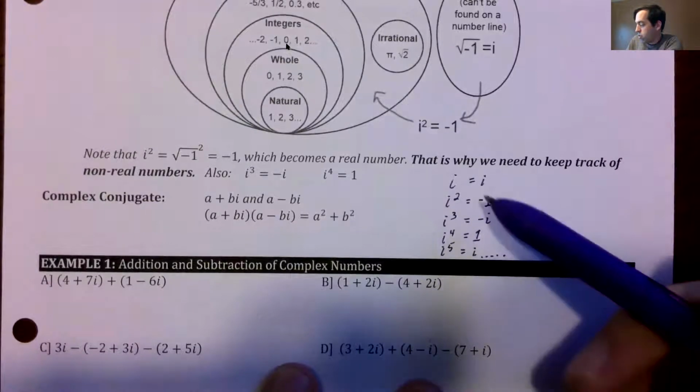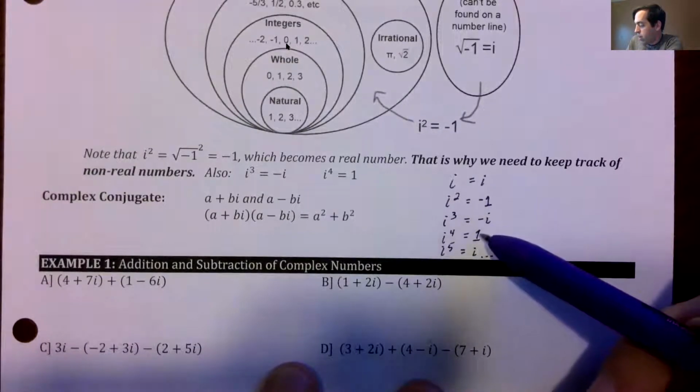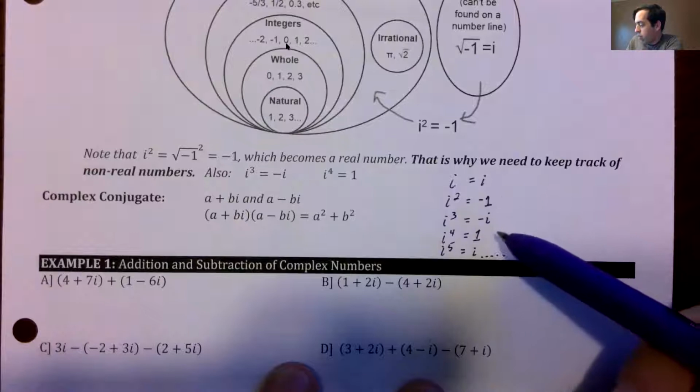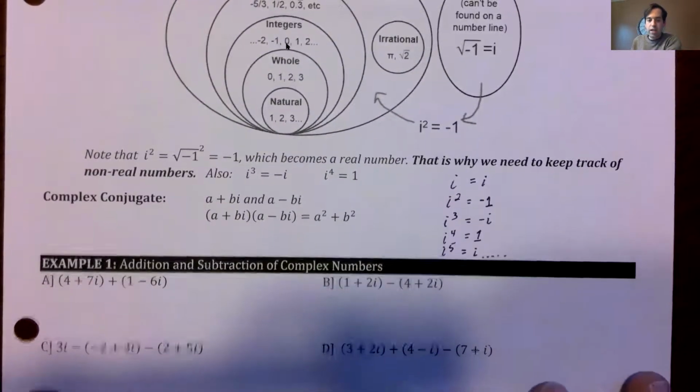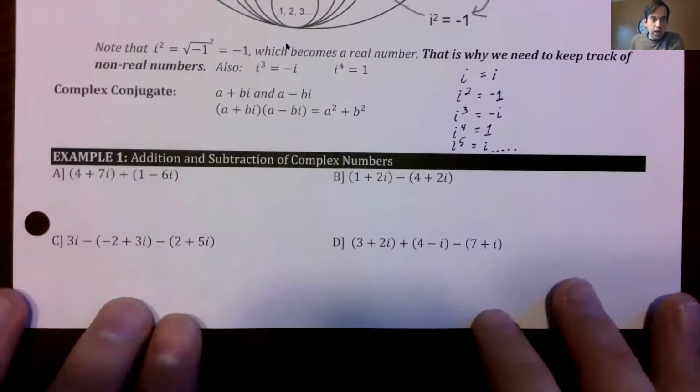So it's these four things over and over: i, negative 1, negative i, 1, i, negative 1, negative i, 1, and it keeps going. We're not going to get too much into that, but that's how that would work.